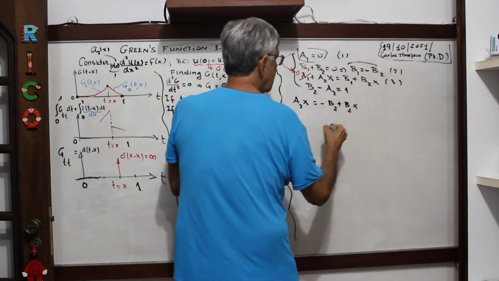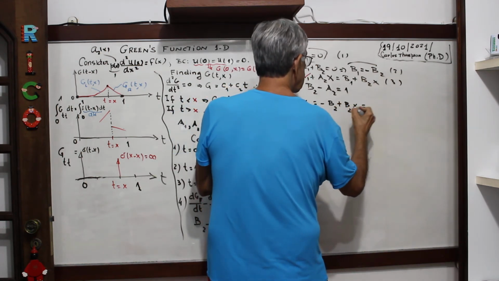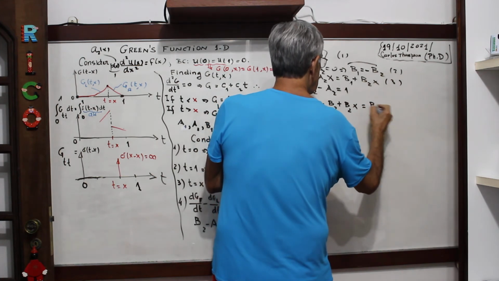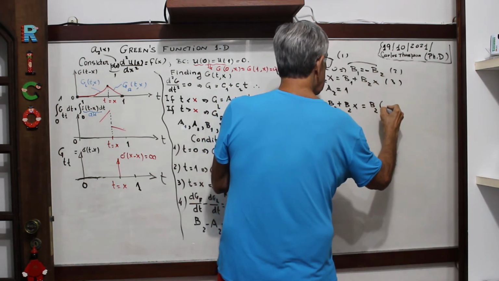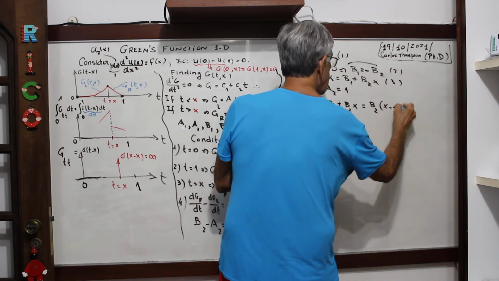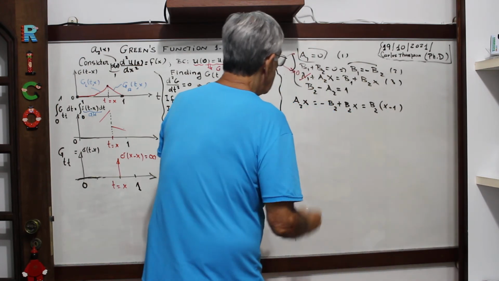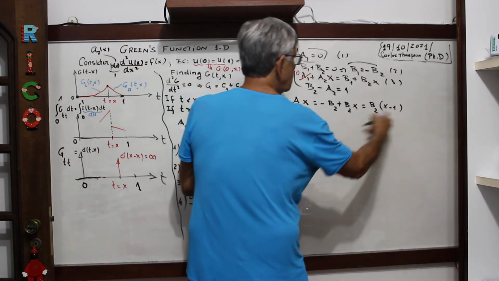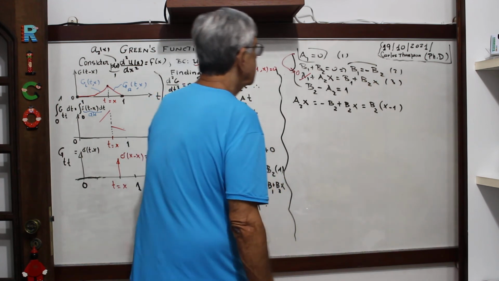This is equal to B2 that multiplies x minus 1. So A2 x is B2 times x minus 1.